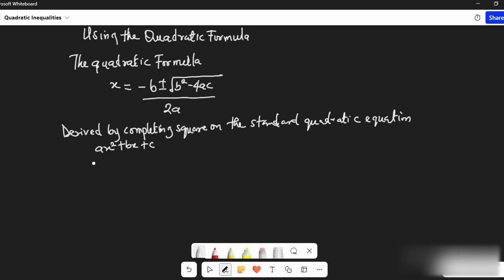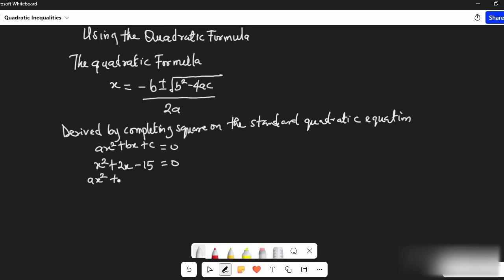So for our equation x squared plus 2x minus 15 equals 0, to get the values of a, b and c to fix in the formula, we simply compare this equation and the standard equation.